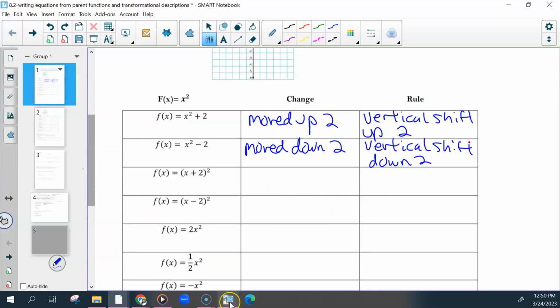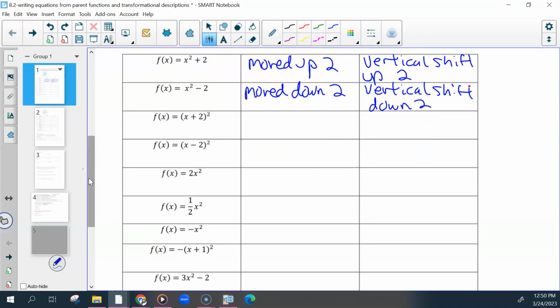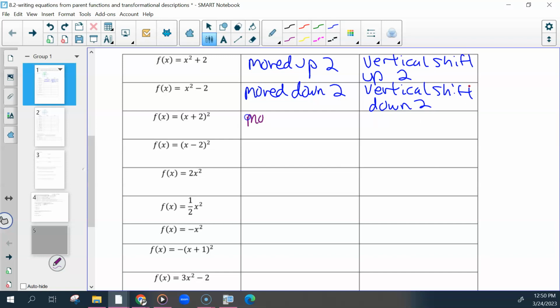This is like when we were doing the vertex and finding the vertex. Everything on the inside did the opposite of what we thought it was going to do. So it says plus, so you think it's going to move to the right, but it does the opposite and moves to the left. So that would then be a horizontal shift, left 2.